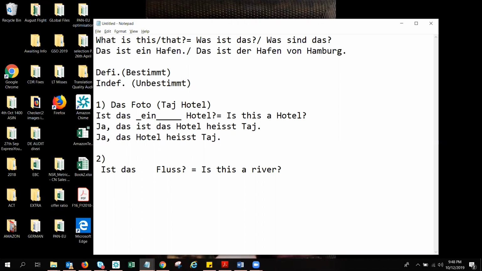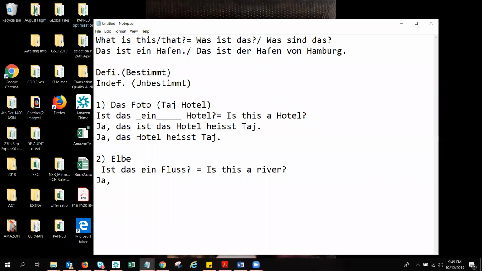So what would be the answer and what will come here? Ist das ein Fluss? Ja, das ist ein Fluss. Der Fluss? Oh, sorry. Der Fluss heißt Elbe.